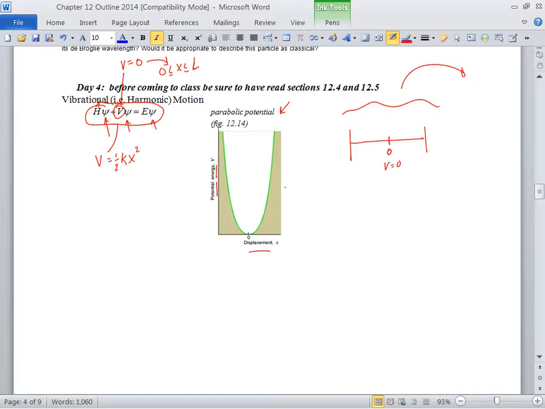Is that how it works? Pull this down. Does it get harder and harder to pull it? In fact, if I let go, where does it have more potential energy, here or way down there? Way down here, because the displacement's larger. And it's not linear at all. It's parabolic, right?